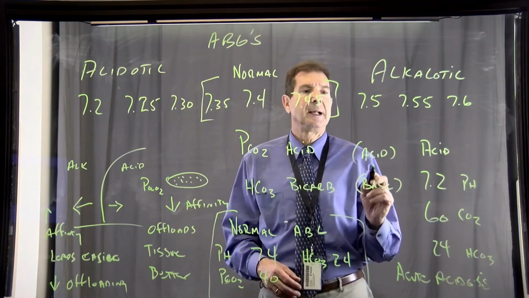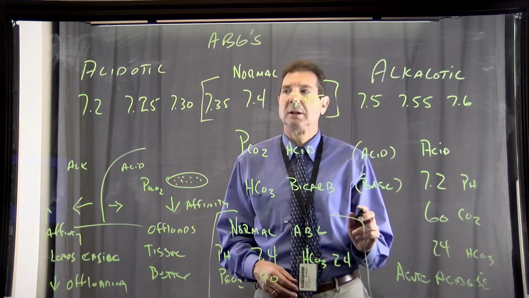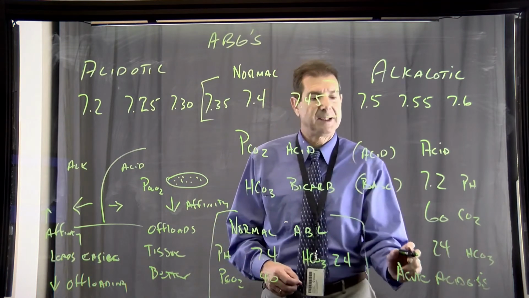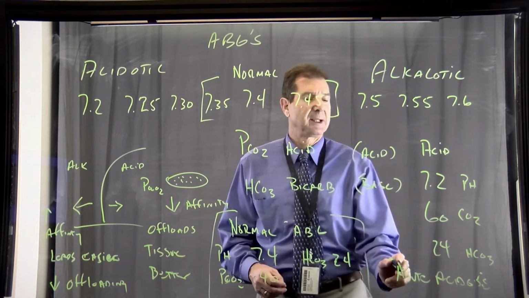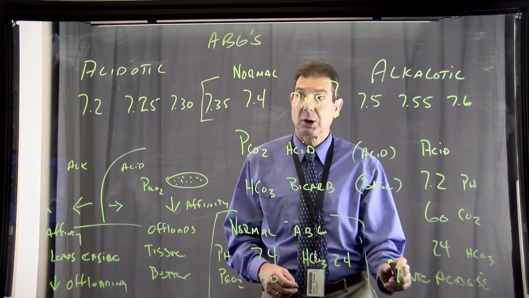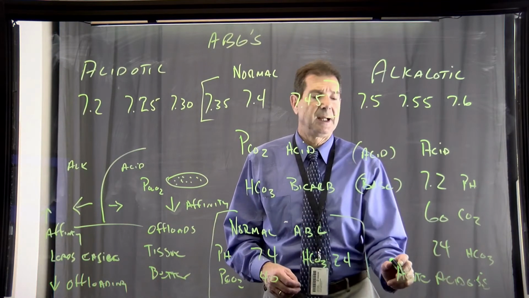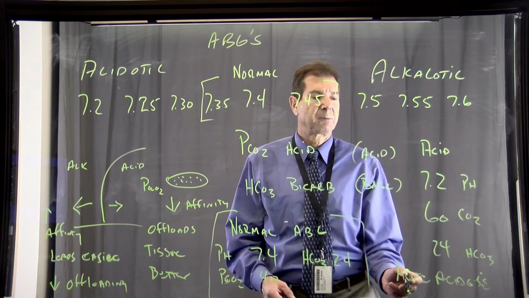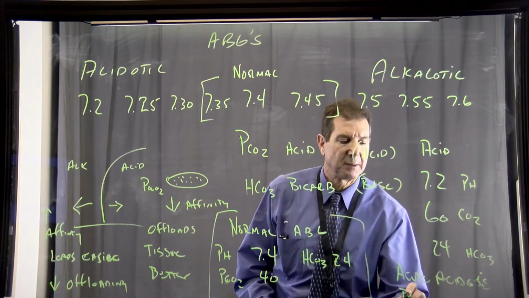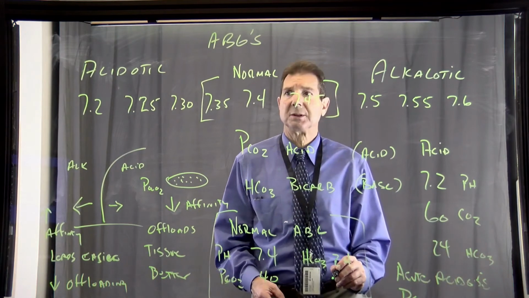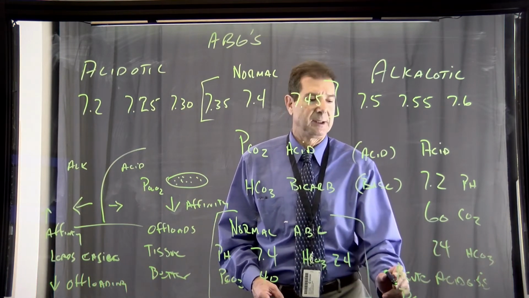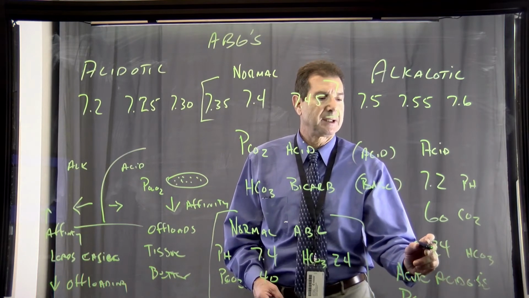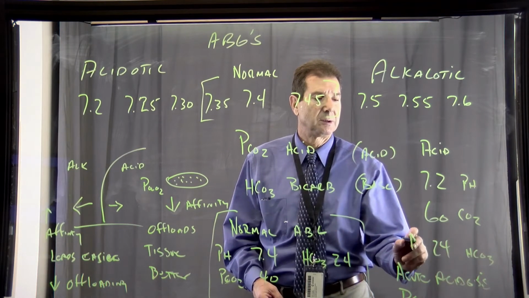So we have different ways of looking at acidosis. We can have acute acidosis, partially compensated acidosis, and fully compensated acidosis. What does that mean? In partially compensated, I'm just going to write PC, what will happen is this bicarb will go up.